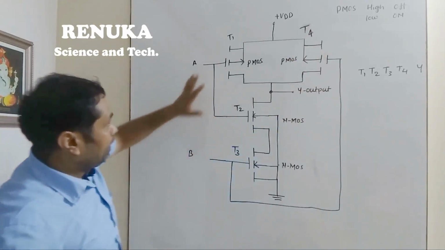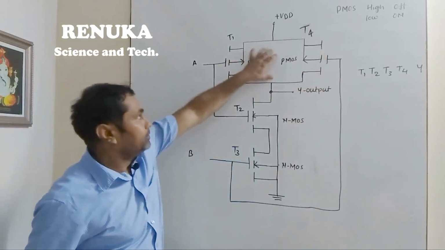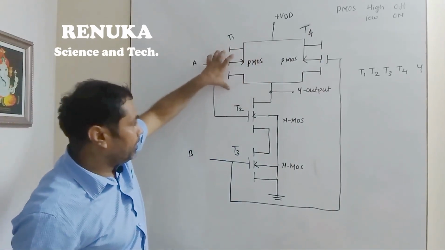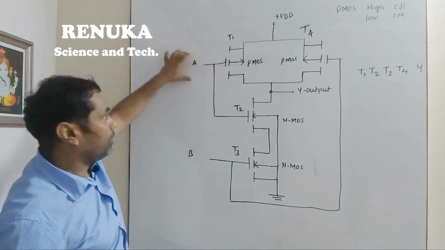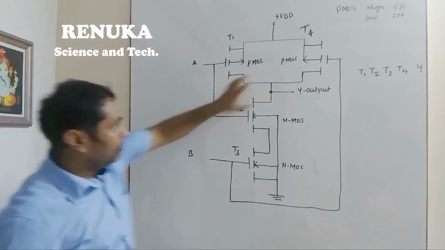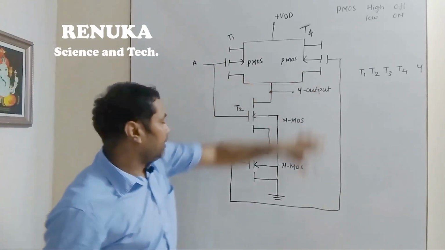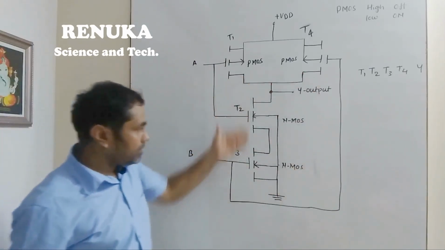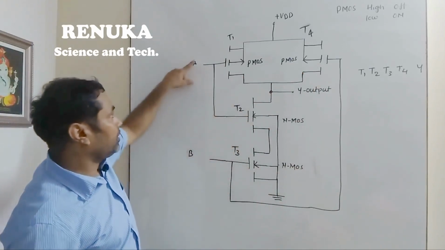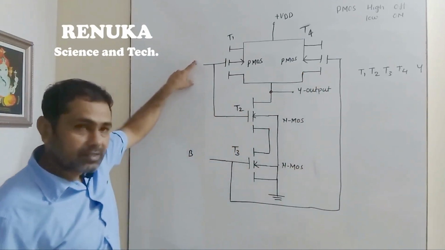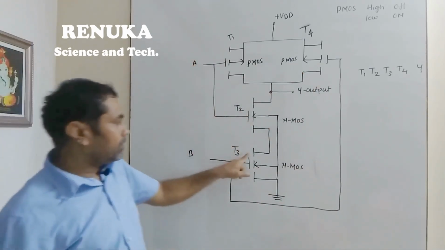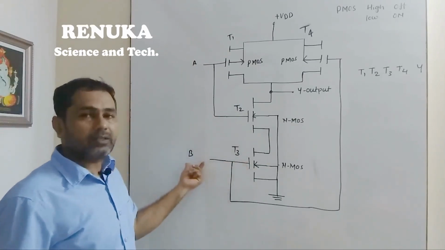In the parallel combination, one transistor's gate is connected to the A terminal and another transistor is connected to the B input. In the series connection, one transistor's gate is connected to A and the other transistor's gate is connected to B.